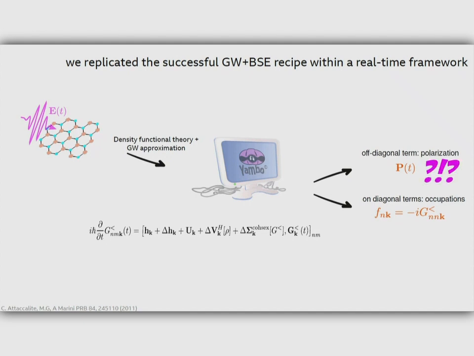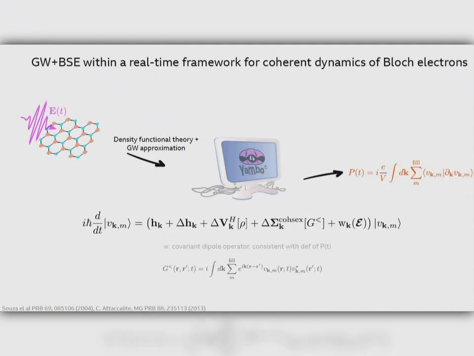The problem with this approach is that there is no trivial way of expressing the polarization with this lesser Green function for a system with periodic boundary conditions. So later on, with Claudia Attaccalite, we used an approach developed by Souza to reformulate this for single-particle Bloch electrons, for which we can then express the polarization as a dynamic Berry phase.